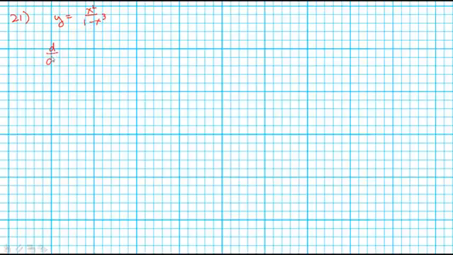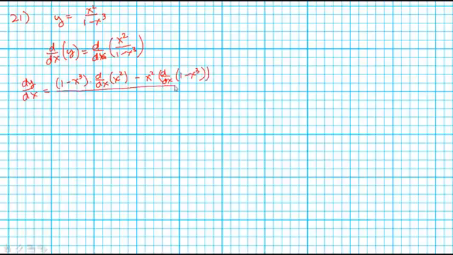Let's see, if I take the derivative with respect to x of y and the derivative with respect to x of x squared over 1 minus x cubed, it looks like I'm going to use the quotient rule, that dy dx is equal to the bottom times the derivative of the top minus the top times the derivative of the bottom, and that's all over the bottom squared.